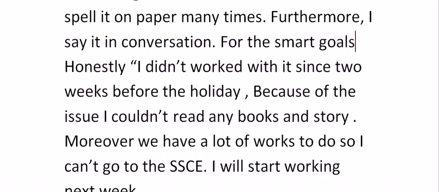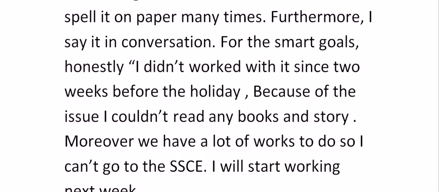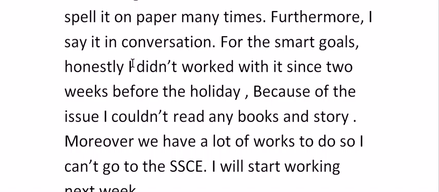SMART goals, comma, and then space, and then we'll delete the capital H. Honestly, I didn't, get rid of this thing. I didn't worked with it since 2 weeks before the holidays. Okay. That's fine, of course. I didn't worked.